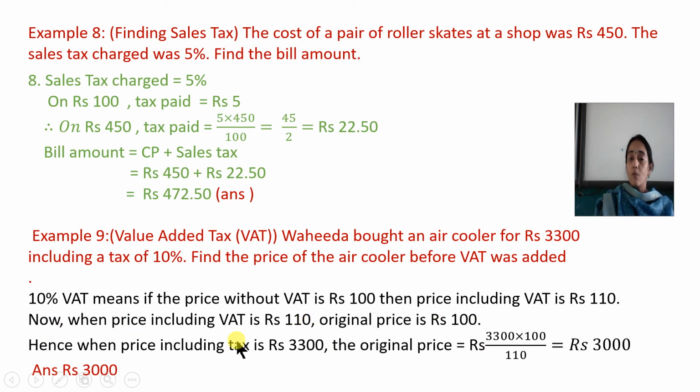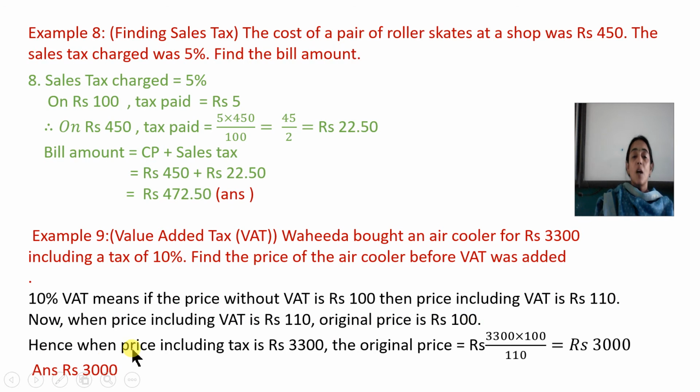Once again, for those who have not understood, the price without VAT was 100, and because it is 10% VAT, the price including VAT will be 110. Now I write this first and this later on. Why? Because I am given the price including VAT. So first I write, when the price including VAT is rupees 110, the original price is rupees 100.